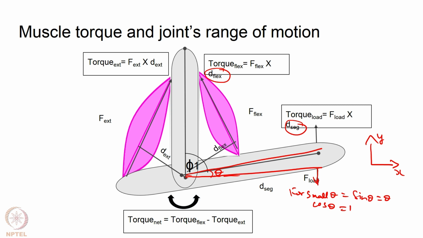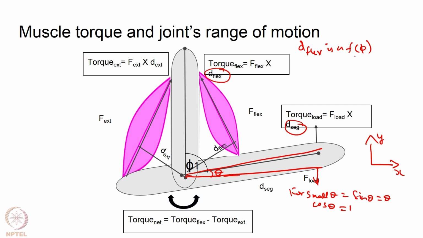And by the way, d_flex, which is the momentum of the muscle, actually varies as a function of phi. d_flex is a function of phi, and it reaches a maximum around the joint's middle of the range of motion.